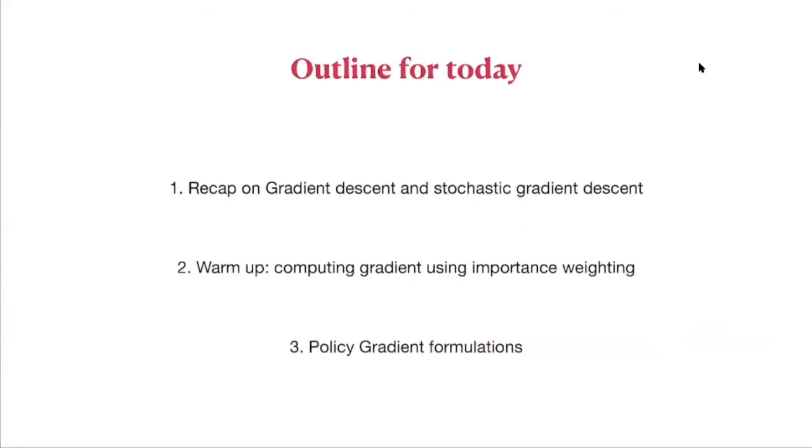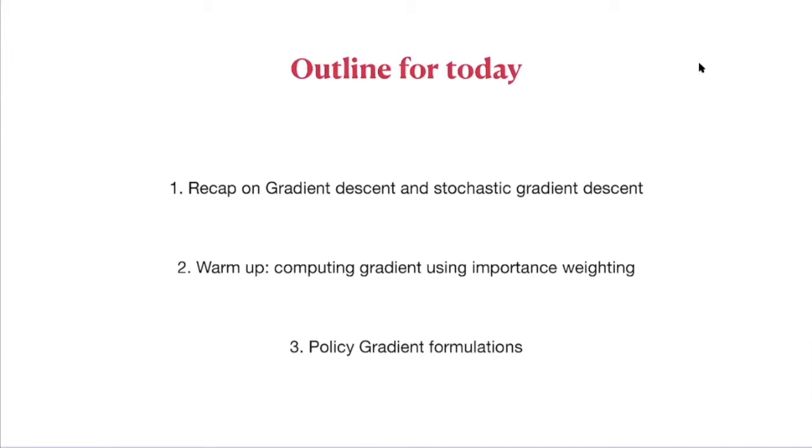Right, so the outline for today. To answer the question in the previous slide, let's look into three steps. The first step is a bit orthogonal to reinforcement learning, so let's do a recap on gradient descent, and specifically on stochastic gradient descent.